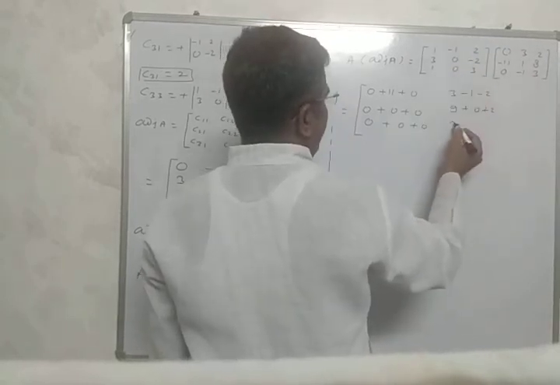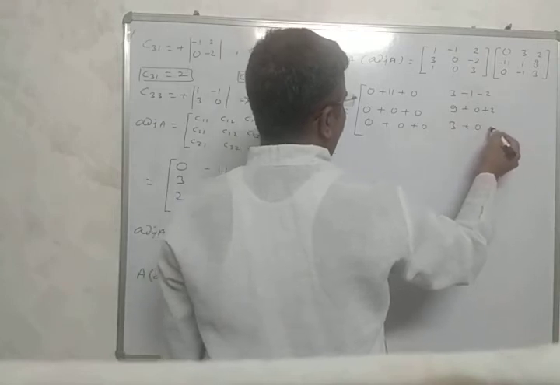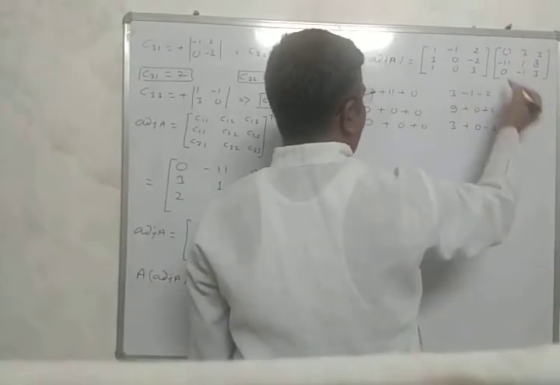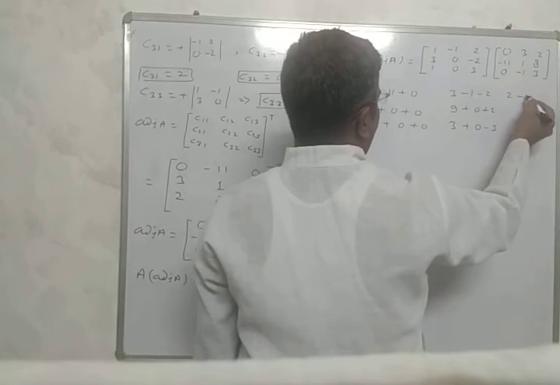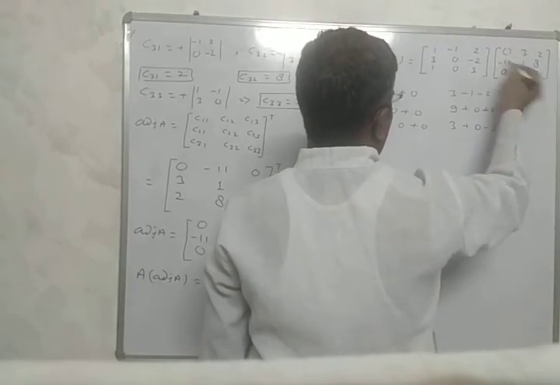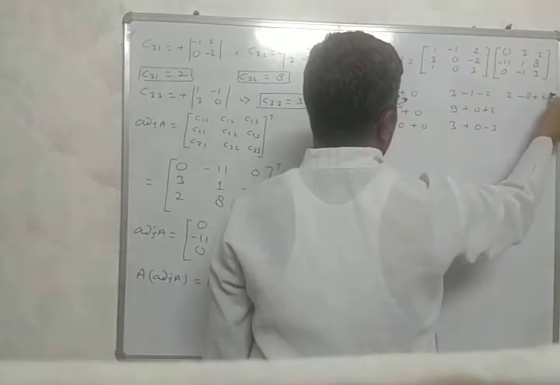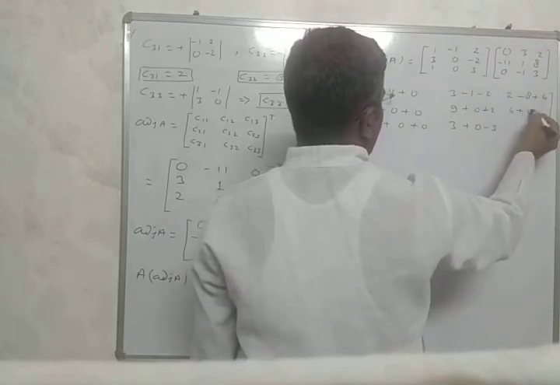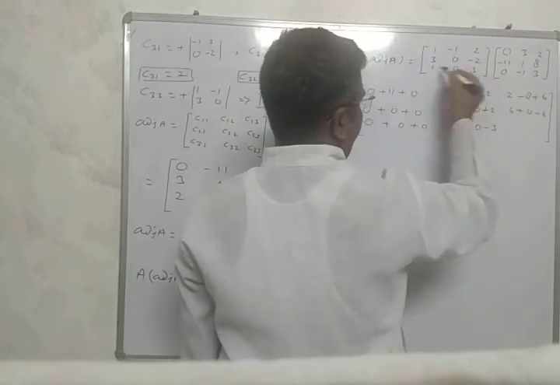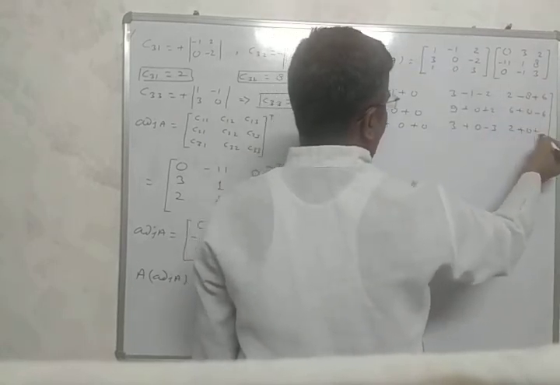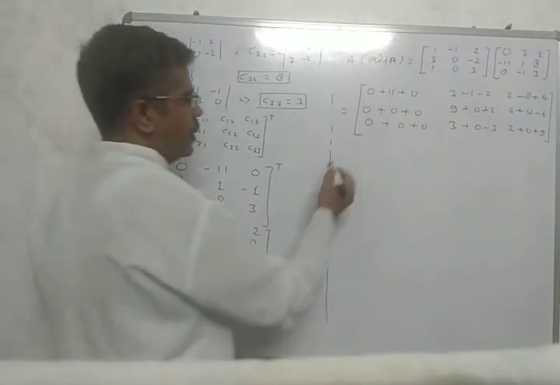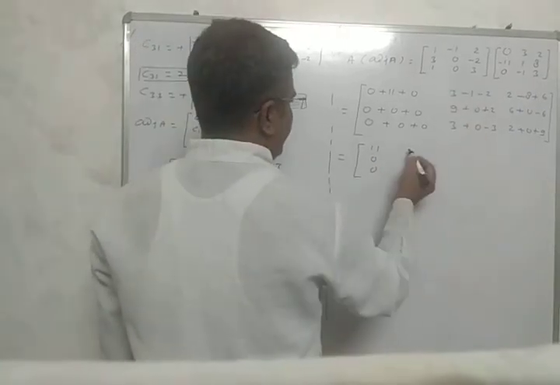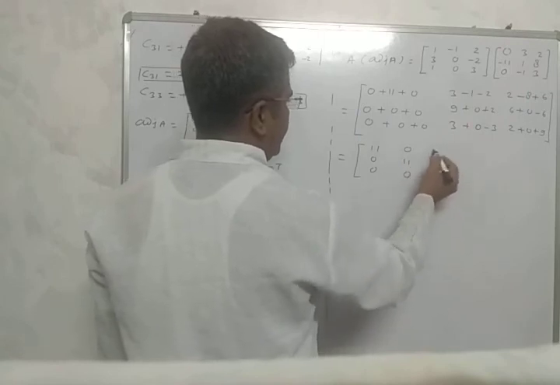Multiply here 3, 0, minus 3. We multiply the last column: 2, minus 8, plus 6, and 6, 0, minus 6, 2, 0 and 9. We get 11, 0, 0, 0, 11, 0, 0, 0, 11.